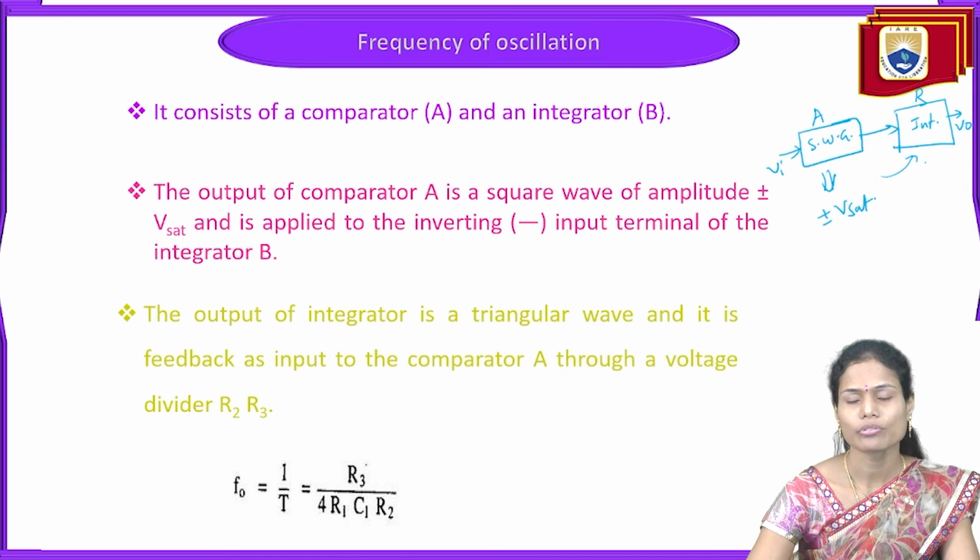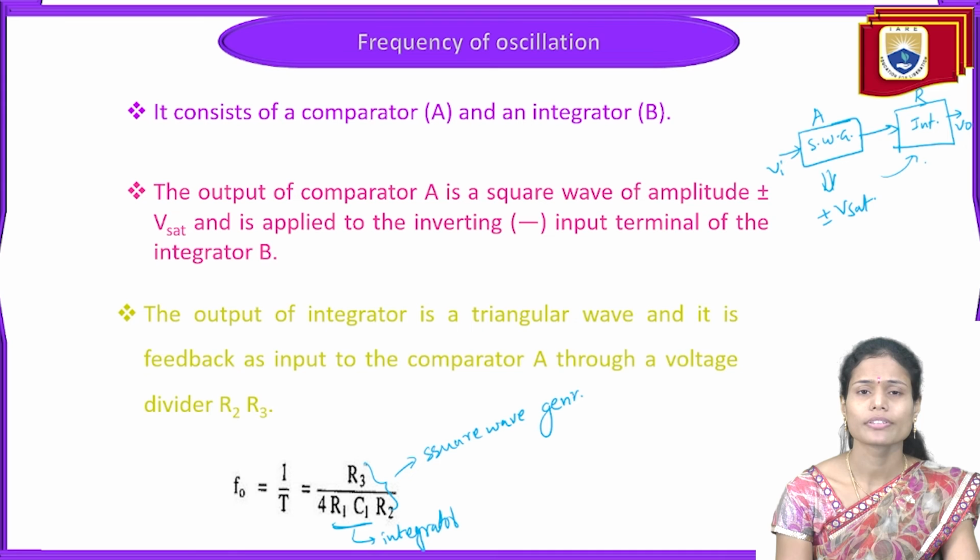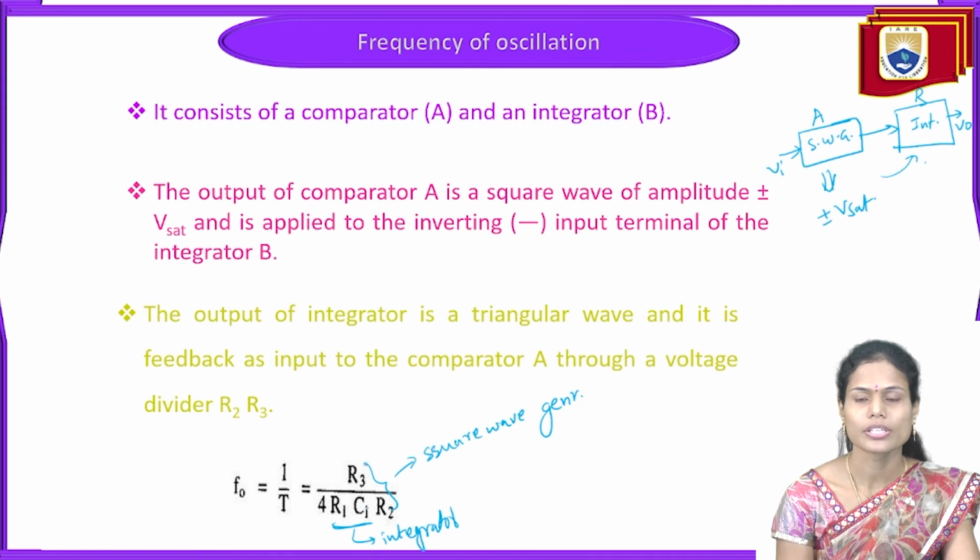So, in order to find the frequency of oscillation, that is, how much frequency one oscillation takes, it depends upon all the components in the circuit. R1, C1 relate to the integrator circuit and R2, R3 are the square wave generator components. So the total frequency of oscillation depends upon R3 by 4 R1 C1 R2.